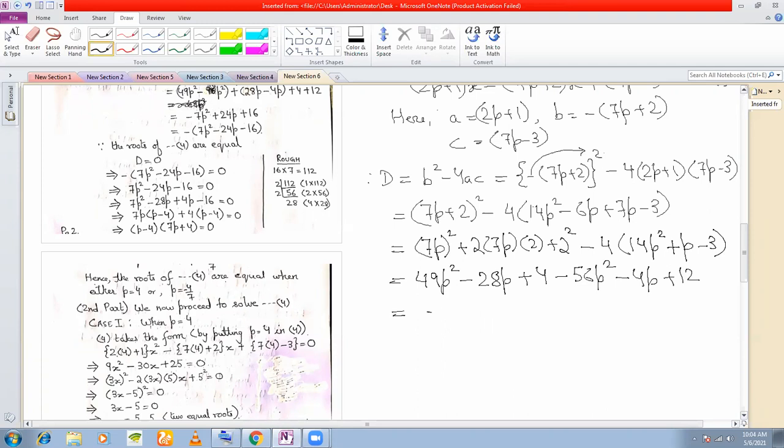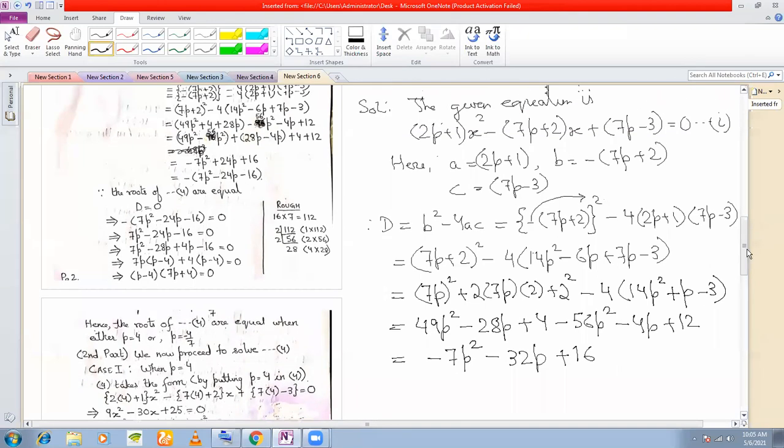Now you see that you have 49p square minus 56p square, which will give you a minus 7p square. Minus 28 and minus 4p will give you minus 32p. And 4 and 12 will give you 16, right?